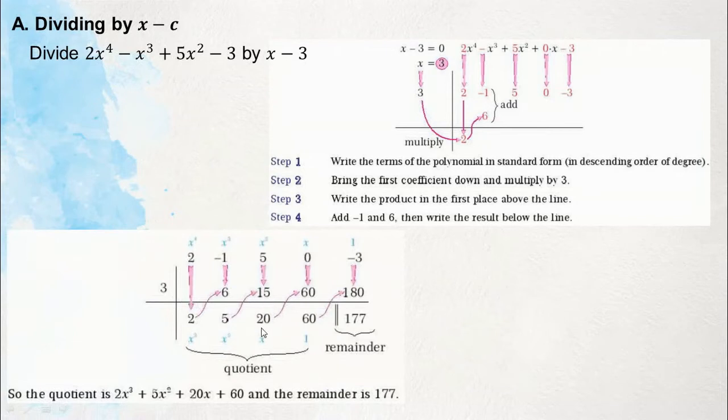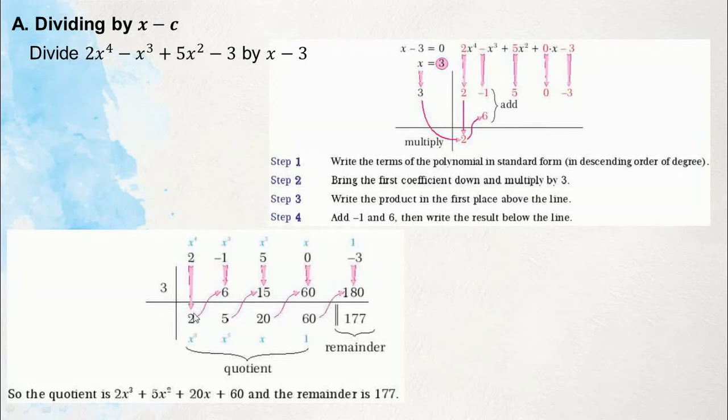3 times 20 is equal to 60. And then 0 plus 60 is 60, and 3 times 60 is 180. So you add this to get 177. So 177 is the remainder, and then the coefficients are 2, 5, 20, and 60. But you need to make descending order of the degree.